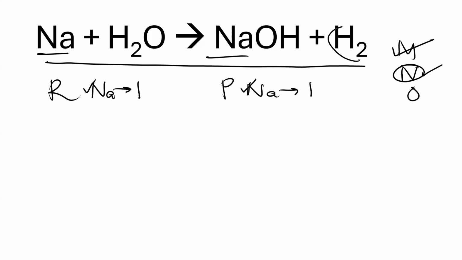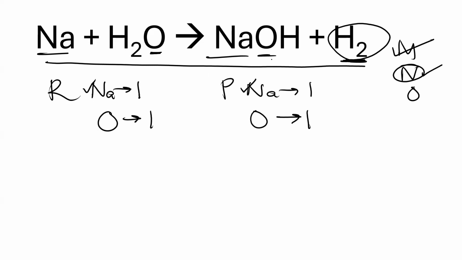Hydrogen here is alone, so we will balance it last because we can manipulate it much more easily. So we'll balance oxygen first. Oxygen for the reactant is 1. Oxygen here is also 1 for the product. So that's already balanced, right?